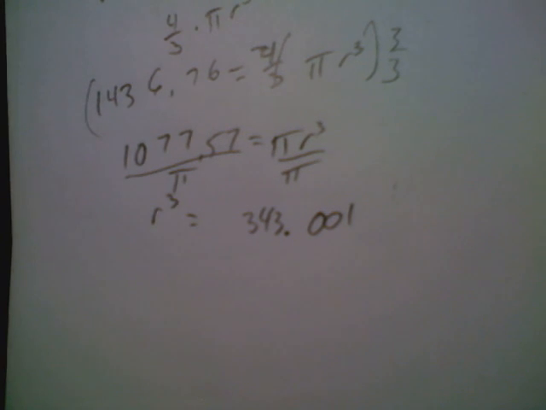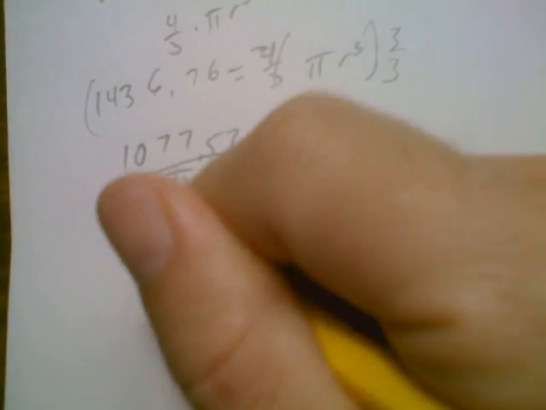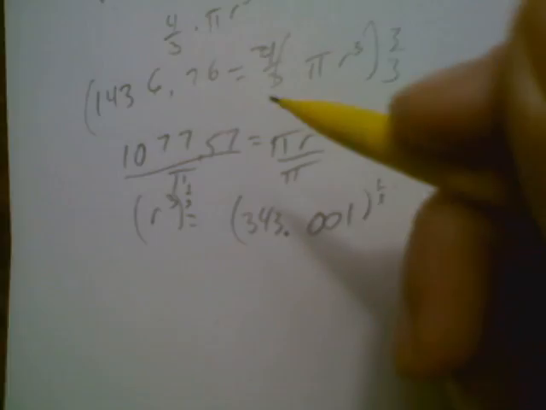And then, I don't know if y'all learned this, but I'm going to show you how to do this on a calculator. The calculators we've been using throughout the school year don't really have a function to do the cube root. So what you would do is bring it up to the power of 1/3.